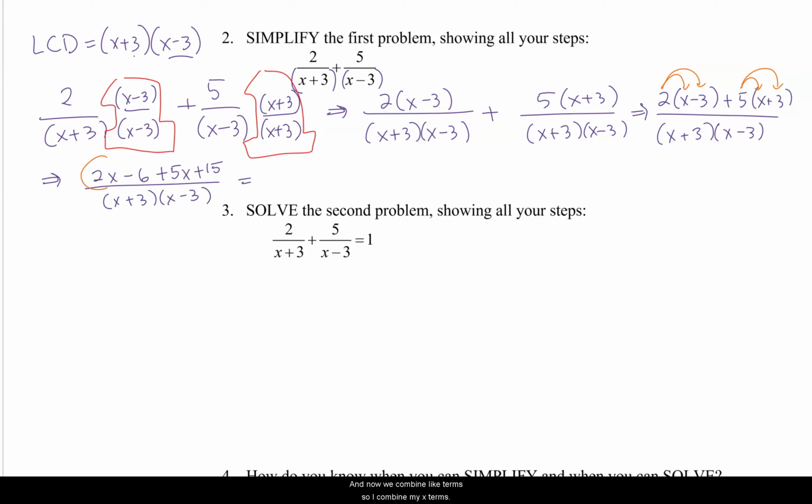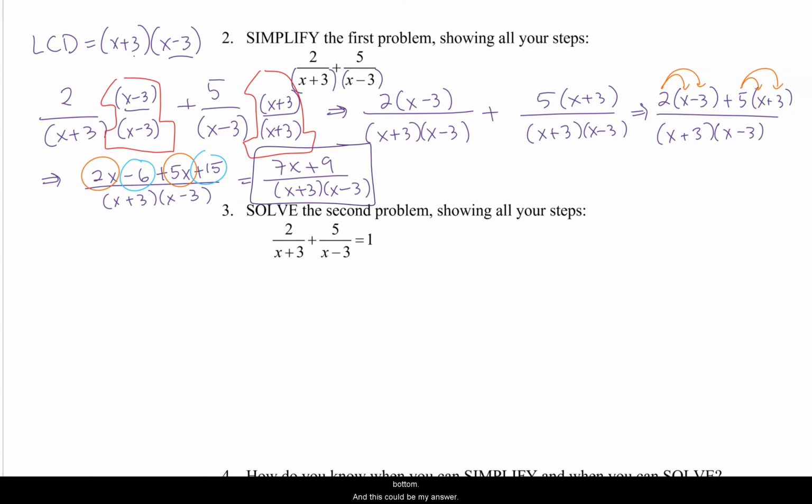And now we combine like terms, so I combine my x terms, and I combine my number terms on top. So 2x plus 5x will give me 7x. Negative 6 plus 15 will give me a plus 9. X plus 3, x minus 3 still on the bottom.